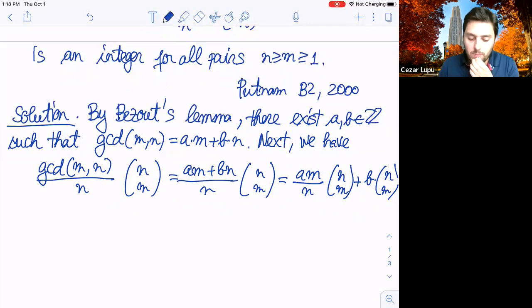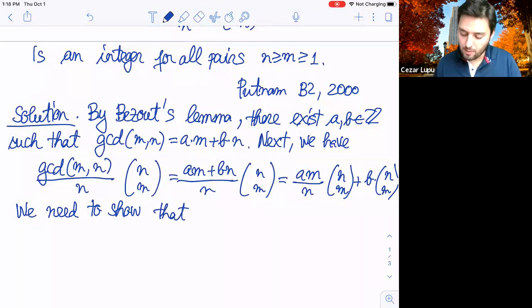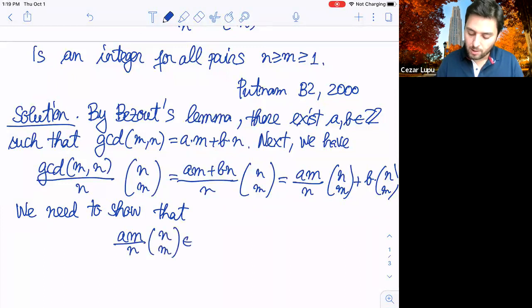But what we need to prove now is to show that this guy here, a times m over n times n choose m, is an integer, right? We need to show this.